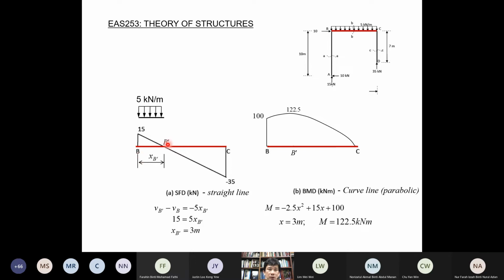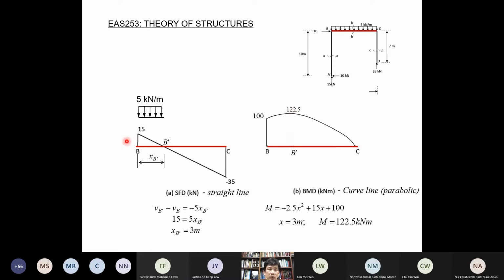So shear this minus this shear is equal to the area under the loading diagram. So we get these equations. From here, we solve for this. After this, you substitute into these equations to get the moment here, which is 122.5.